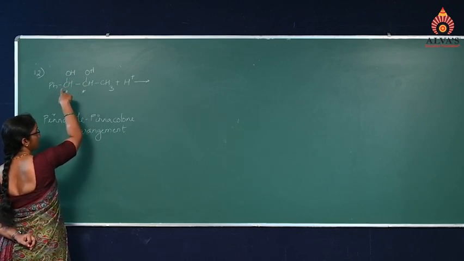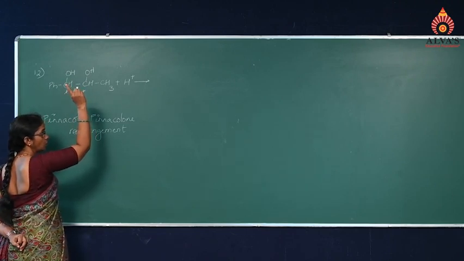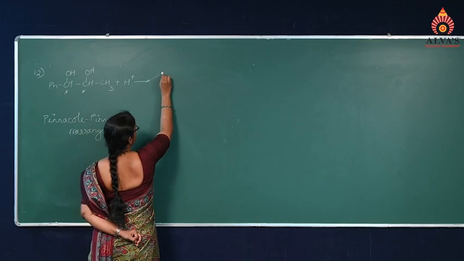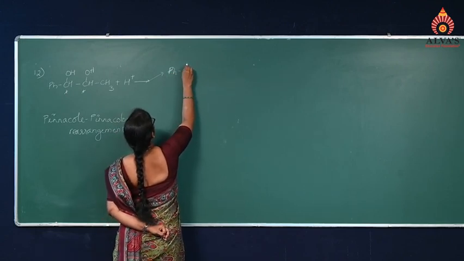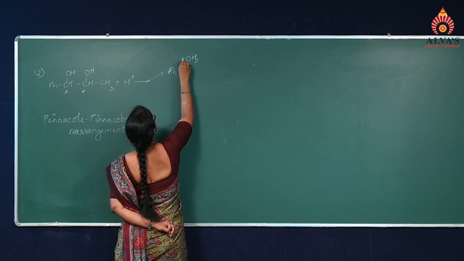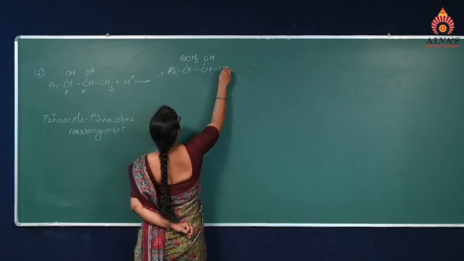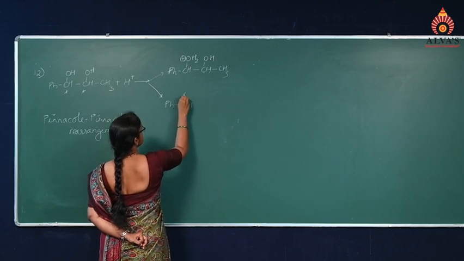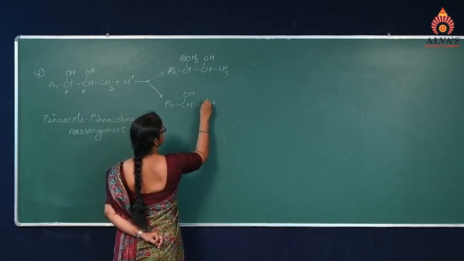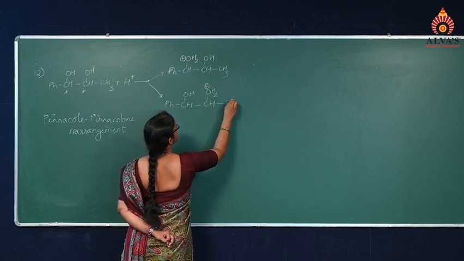One is the OH group on carbon number 1 and the other is the OH group on carbon number 2. So, we have 2 ways. One is PhCH(OH2+)CH(OH)CH3, an oxonium ion, or it can be PhCH(OH)CH(OH2+)CH3.